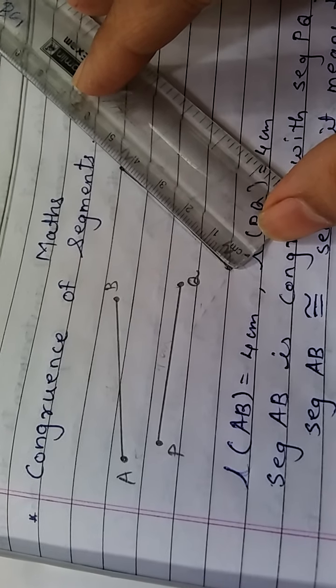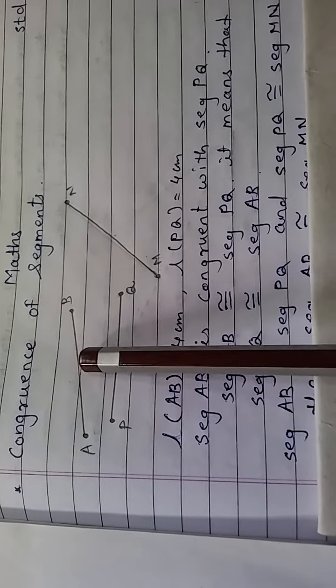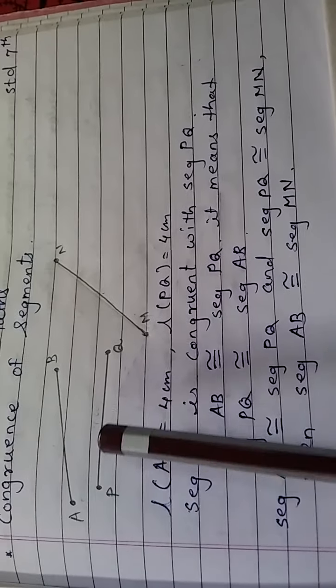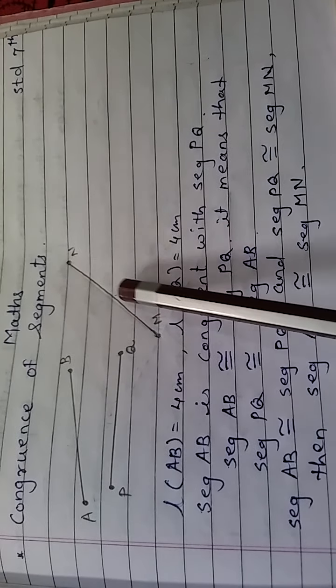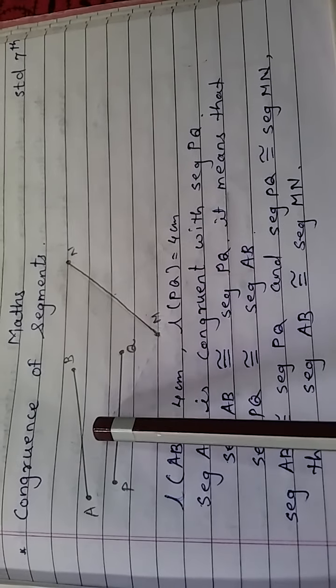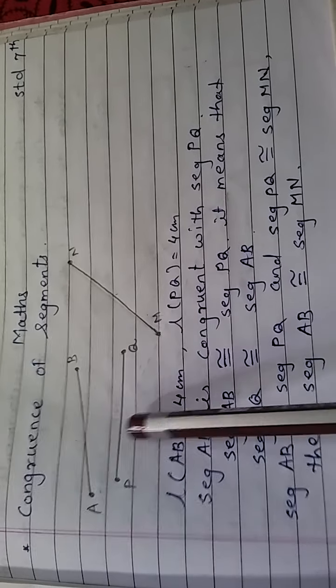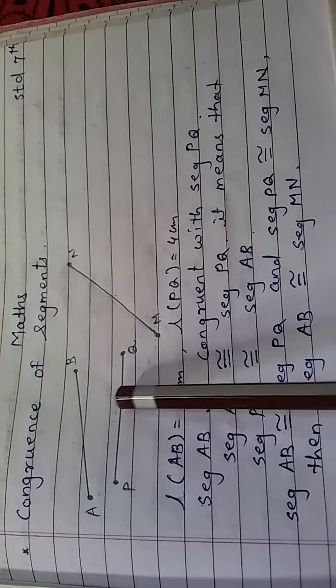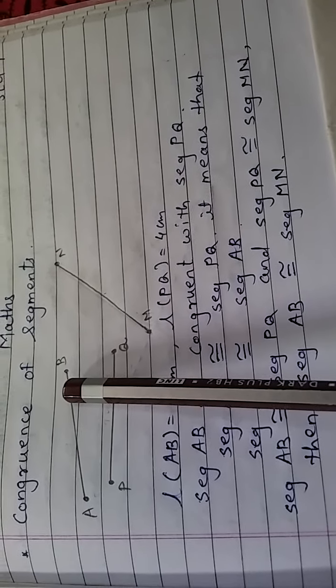The length of this segment is also 4 centimeter. How am I writing this? Segment AB is congruent with segment PQ. Segment PQ is congruent with segment MN, because the length of the segment is also 4 centimeter. Length of AB is 4, PQ is 4, MN is 4. All these three segments are 4 centimeter. The length of all these segments is the same, which means all the segments are congruent with each other.